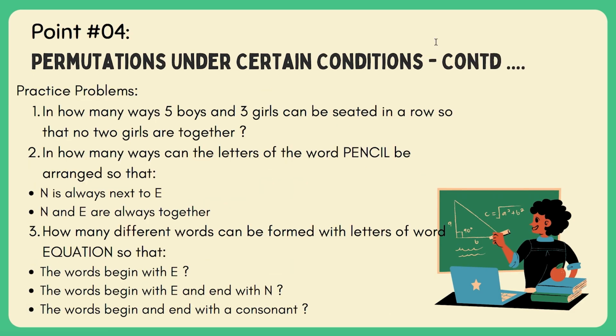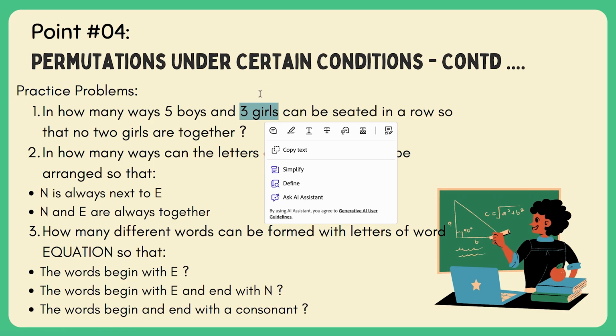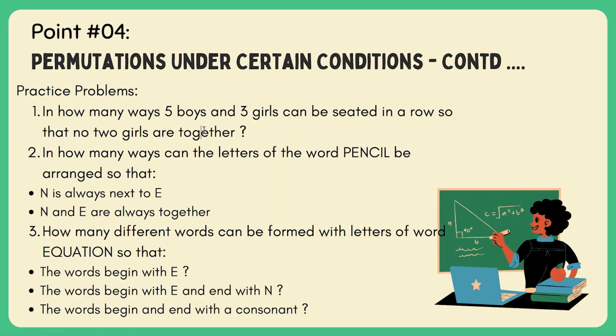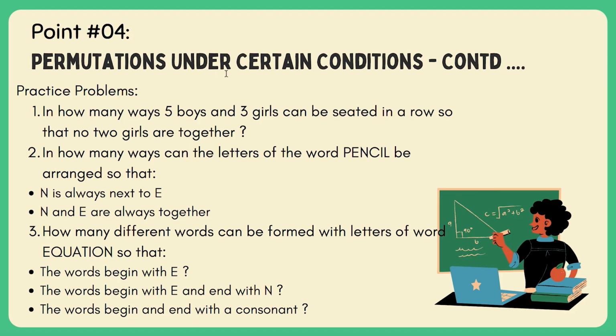Let's practice some problems on permutations under certain conditions. In how many ways can 5 boys and 3 girls be seated in a row so that no 2 girls sit together? So we have 5 boys and 3 girls to be seated such that no 2 girls are together.